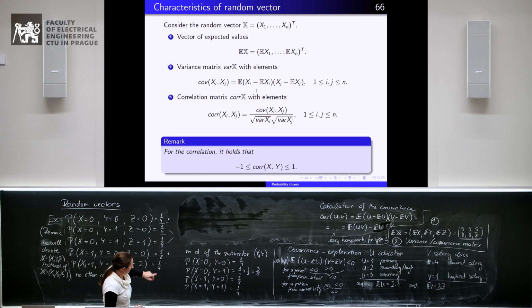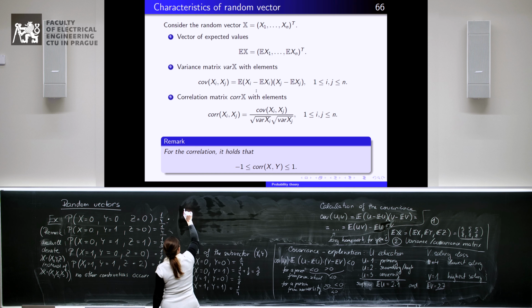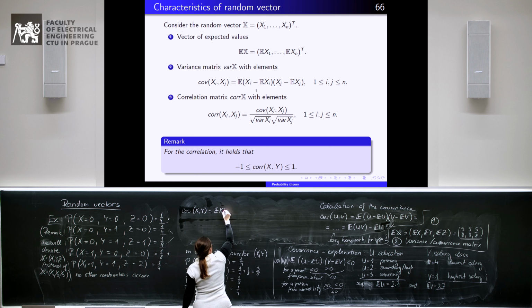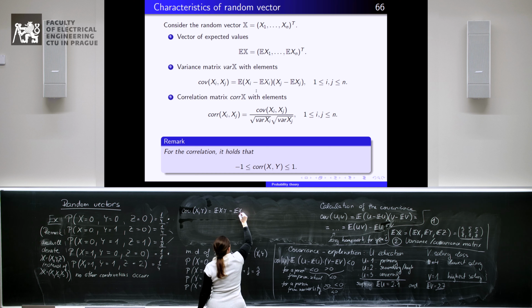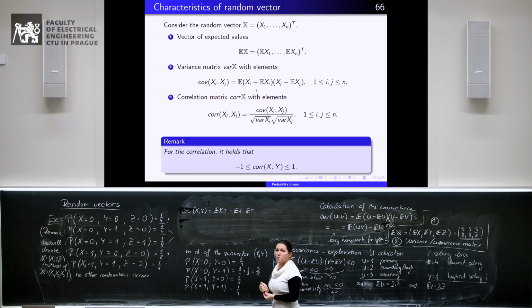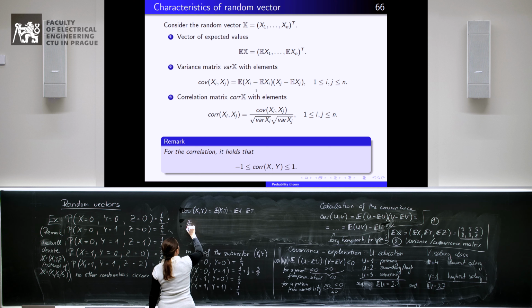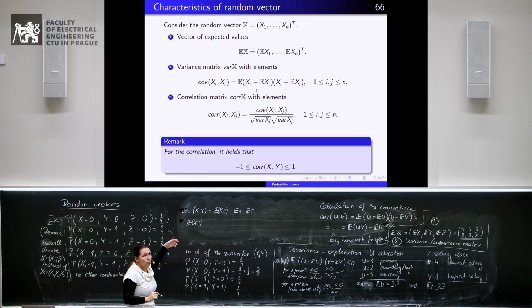So what does it mean? It means that when we want to calculate the covariance in our example, we already have the expected value of X and the expected value of Y. So the only missing thing is the expected value of the product X times Y. And the expected value of X times Y is again the expected value of a new random variable, given by the product of these two random variables.